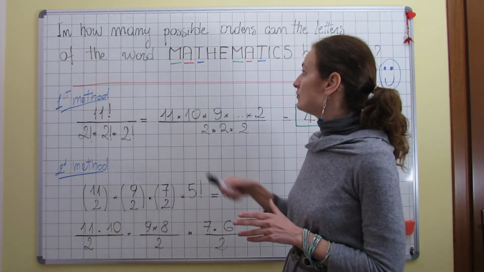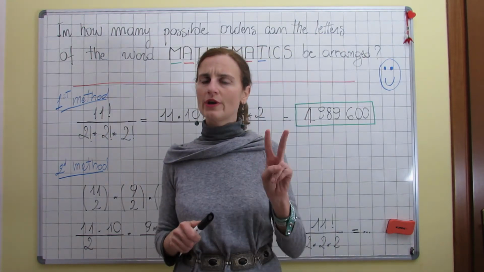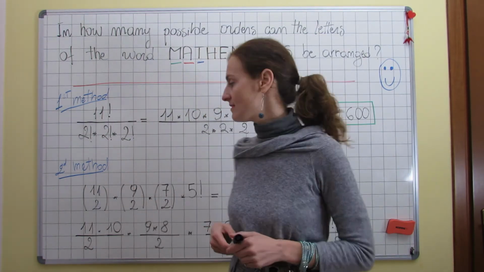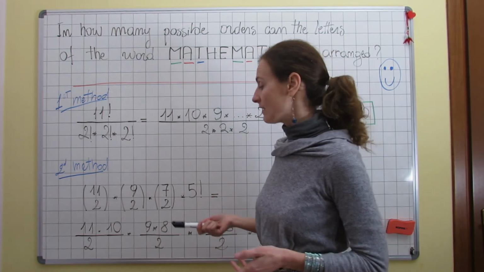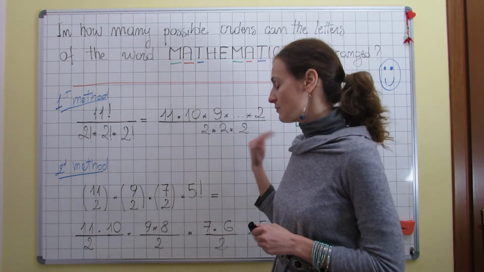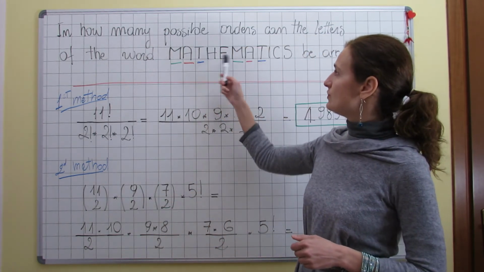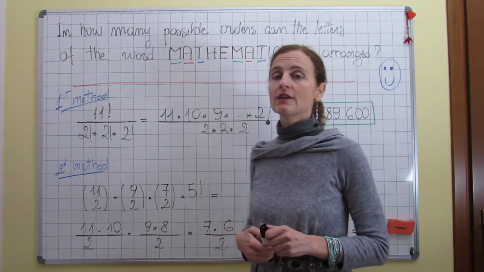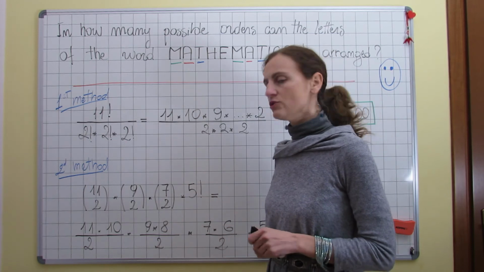And you have to put the 2 A's. So how many ways to put 2 A's in 9 cells? Exactly 9 binomial 2, for the same reason as previously. And how many ways to put the 2 T's in 7 cells that are left? 7 binomial 2.